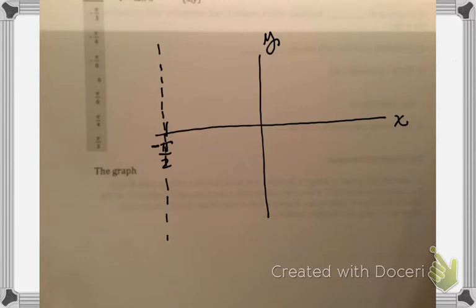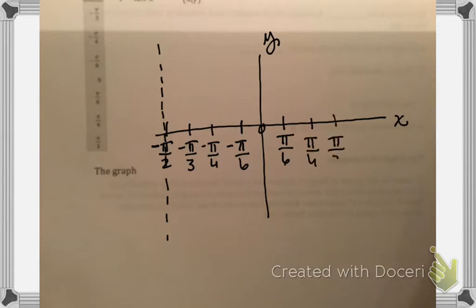Then we have negative pi over 3, negative pi over 4, negative pi over 6, and then 0. Then we have positive pi over 6, positive pi over 4, and positive pi over 3. And then we're going to take this out to pi over 2, which we know is another asymptote.